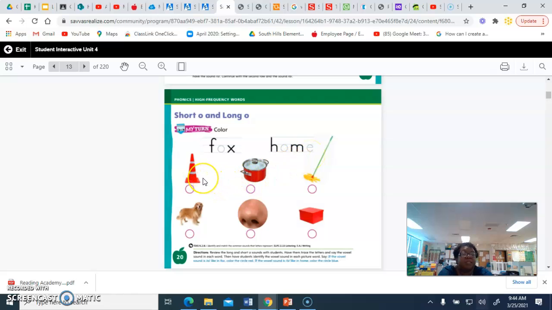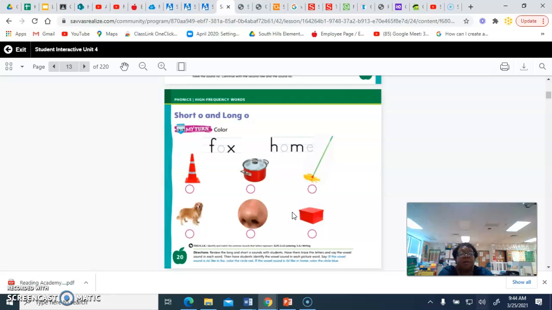Now we have 6 pictures, and we have to figure out which one has the ah sound and which picture has the O sound. What I did in my class is we used the letters R and B to write in the circles first. R will be red, and B will be blue.